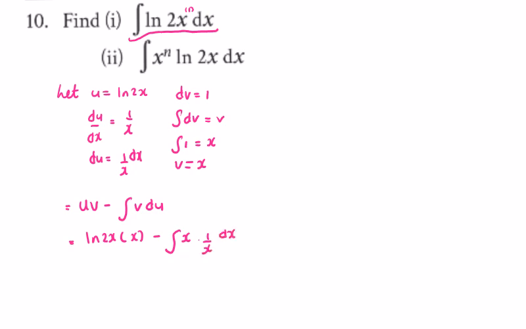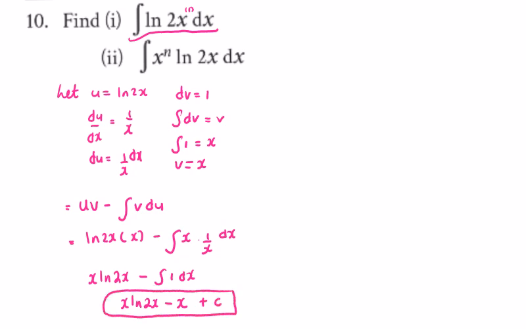So the x's cancel to give a 1, so we have x ln 2x minus the integral of 1 dx, which becomes x ln 2x minus x. And don't forget, like I always do, your c.